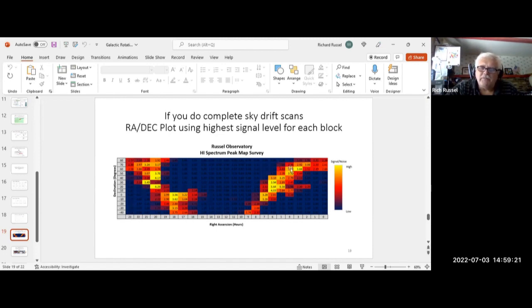Very time consuming, painful process, but since I collected all the data, I just did it. And you can see how nicely the hydrogen signal strength shows on this plot of right ascension and declination. So that's something you could do there, and there are a number of other ways to do it with Python and things like that which just suck the data in.